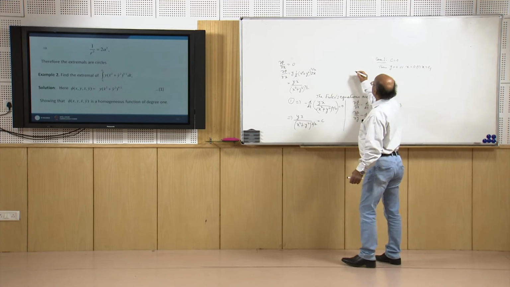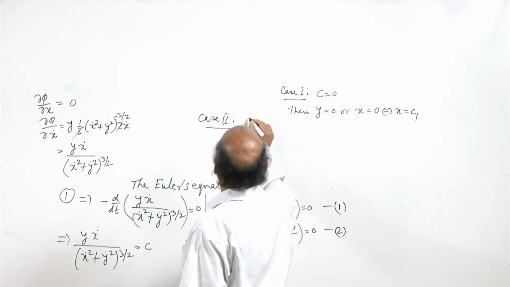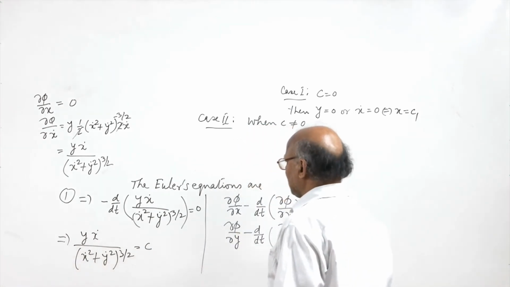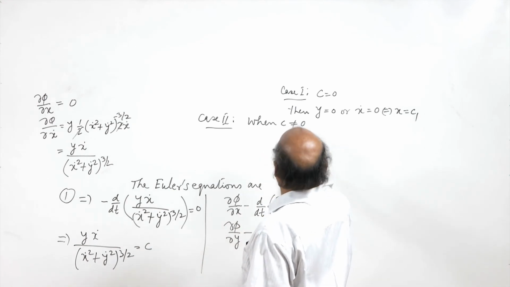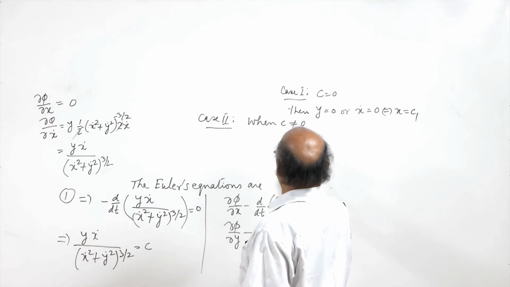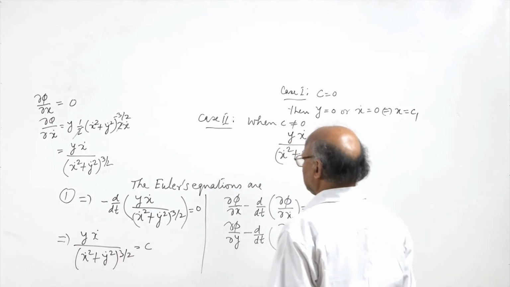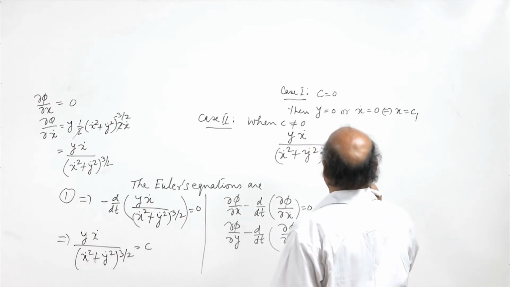Now let us say case 2, when c is not 0. When c is not 0, then we will get y x dot divided by (x dot square plus y dot square) raised to the power 3 by 2 equal to c.